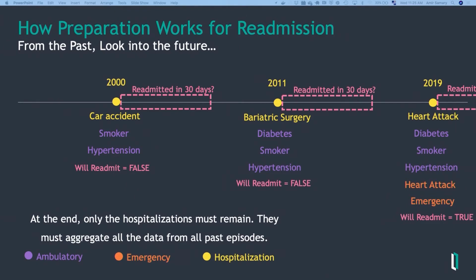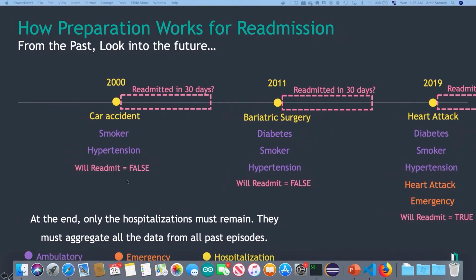And there is this flag that you're seeing there, will readmit equals false, and then true because you're not seeing it, but he's coming back. It's right here outside of the screen. But the patient's coming back, so it's true.